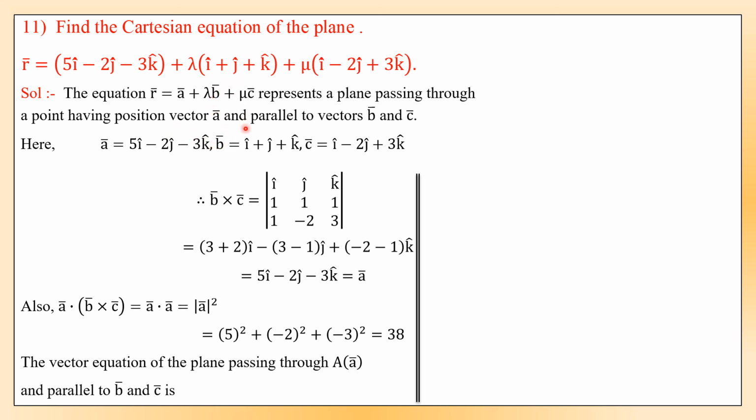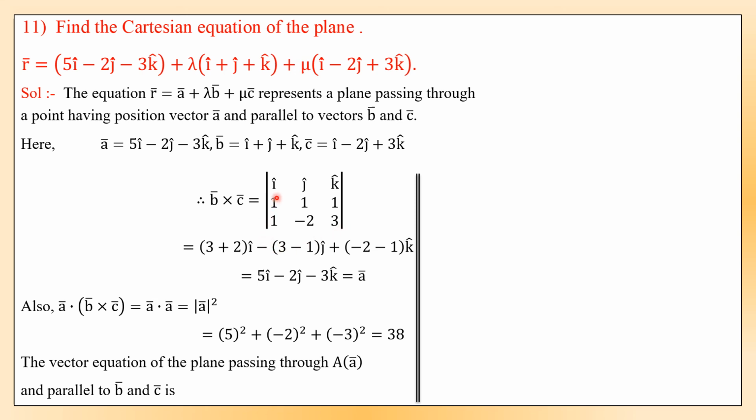Also b vector equal to i plus j plus k and c vector equal to i minus 2j plus 3k. Therefore, b vector cross c vector equals the determinant: first row i j k, second row the coefficients of b vector 1 1 1, third row the coefficients of c vector 1 -2 3.